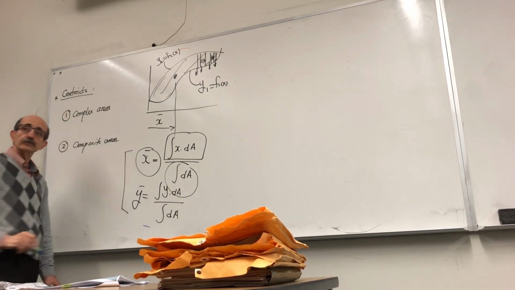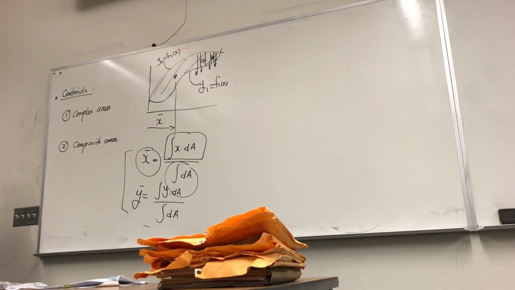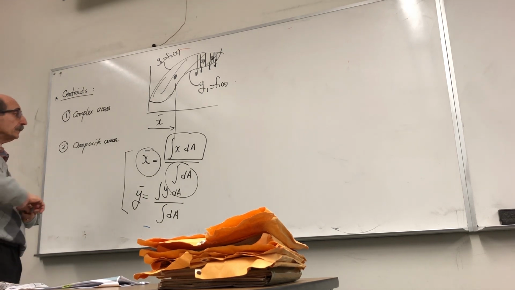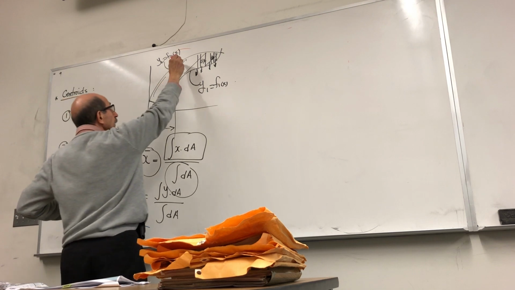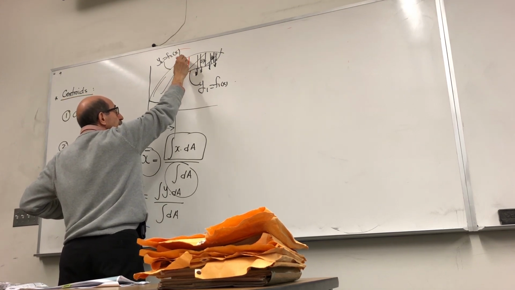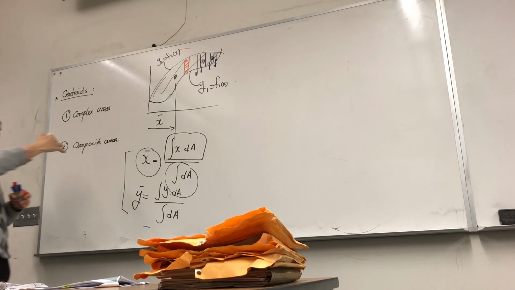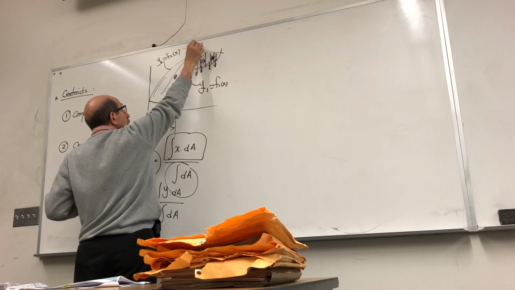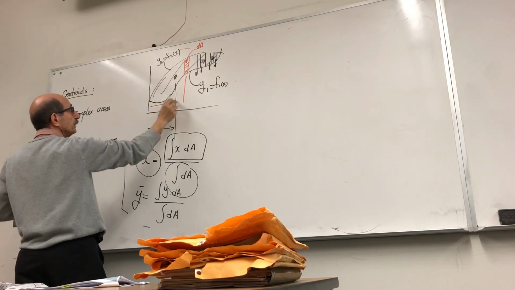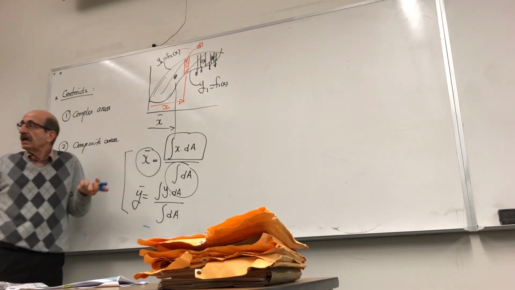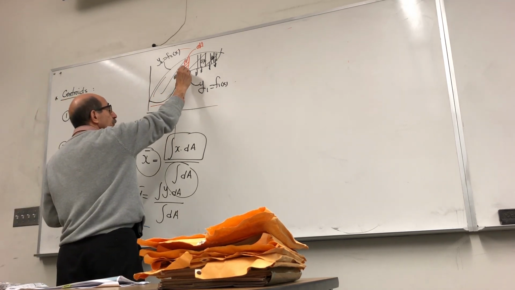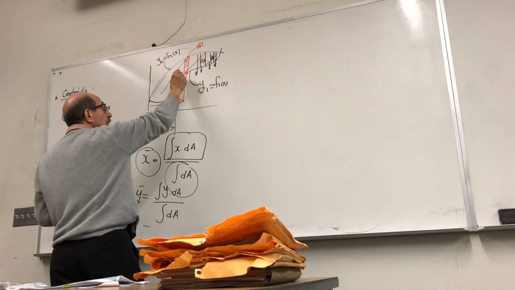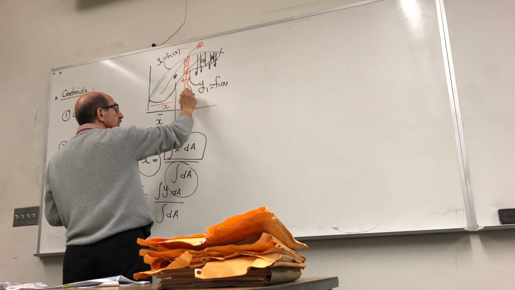So how do we calculate these? In order to demonstrate that, I would start with an example. But let me in general first say that for x bar, you always consider a differential area whose sides are parallel to the y-axis. In other words, you identify a general differential area which is located at the general position x, meaning at any point here, right? And the width of this is obviously a dx.